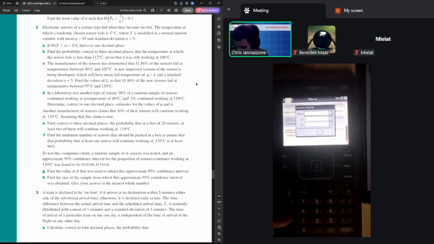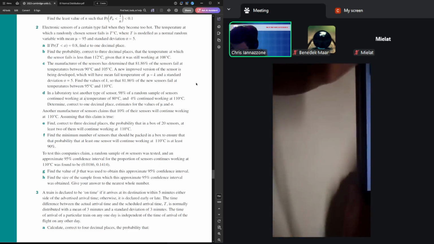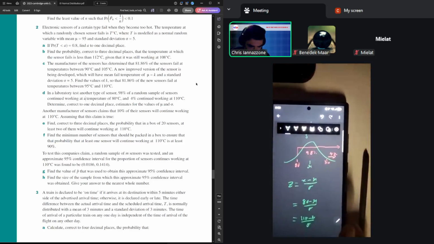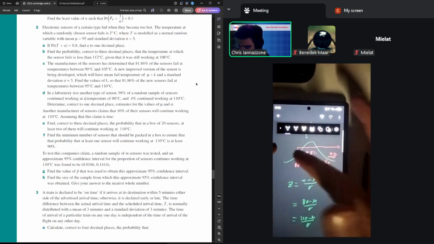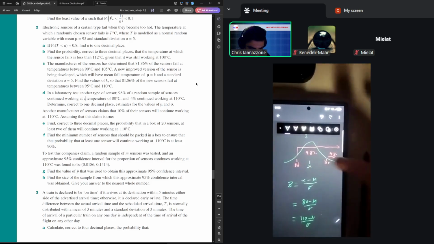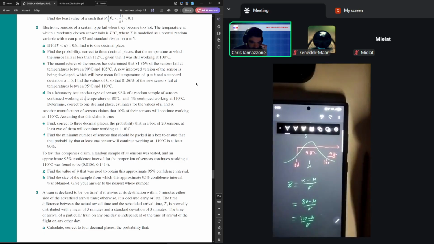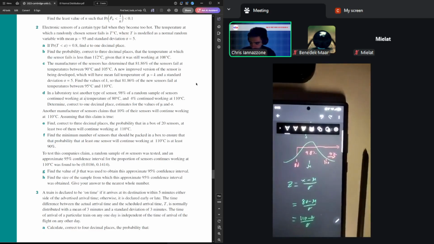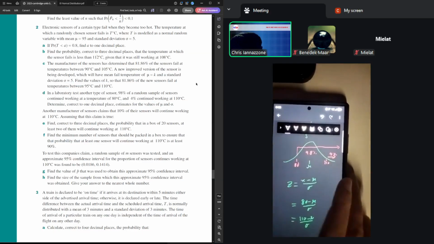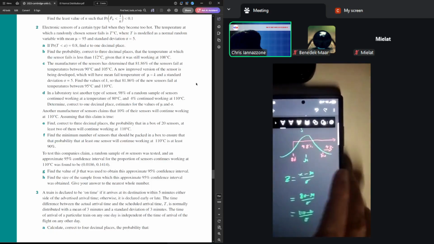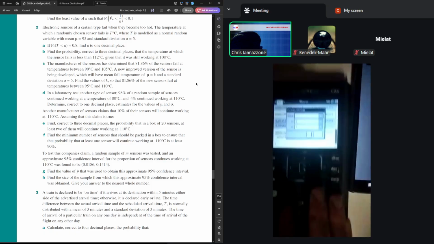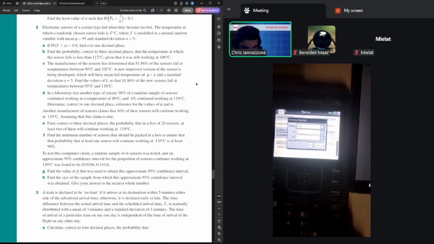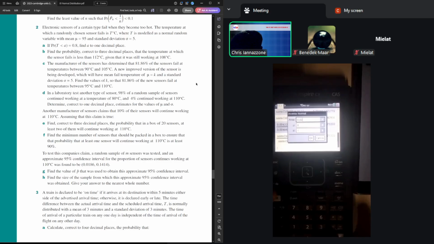For TI users, we have to make sure it's pointing left. For Casio users, you just need to make sure that you change your tail setting to right, and then you can absolutely plug in 0.98 and 0.04 for each of those equivalent Zs. For myself, I've got to flip it. So rather than putting 98%, I've got to put 2%, because the TI Inspire will always default to whatever's pointing left.